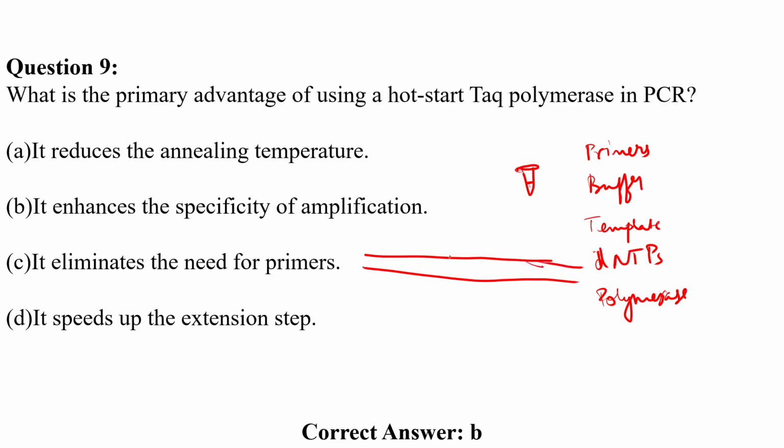Now in this I only want to amplify this particular region, but since these are DNA, this primer can partially bind to some other region of DNA. And if the polymerase is also active, it can start amplifying these regions along with this region.